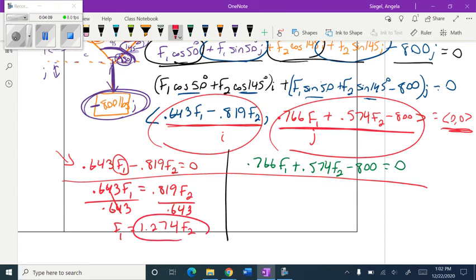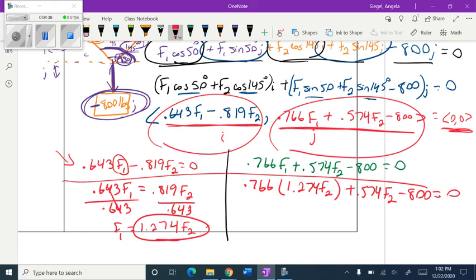So this is going to be like systems of equations. So I'm going to take the F1 and plug it in there. So what we're doing is getting it all into the F2 group. So I'm going to erase this. So 0.766 times F1 plus 0.574 F2 minus 800 equals 0.